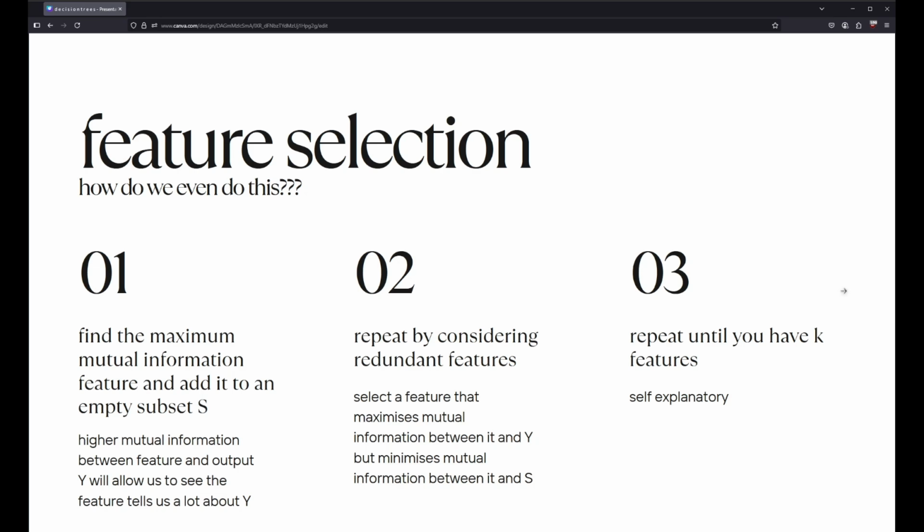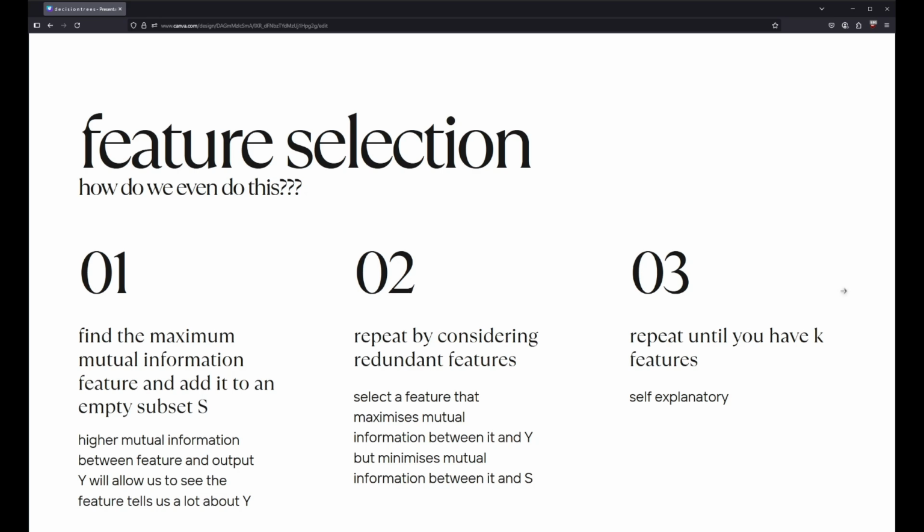So in this way, we're implementing a greedy feature selection algorithm that will maximize the mutual information between the features that we select and the output, but also minimizing the mutual information between the current subset of features that we've selected. And that just means that we're not considering that redundancy anymore. We are not allowing for duplicate information to be selected. And then self-explanatory, we just repeat until we have k features.